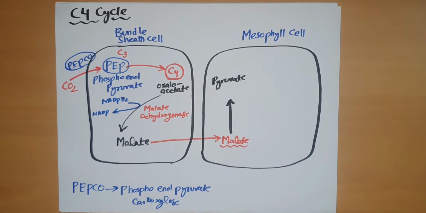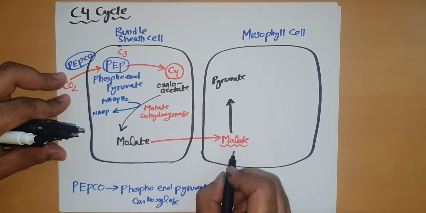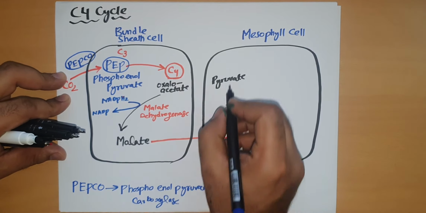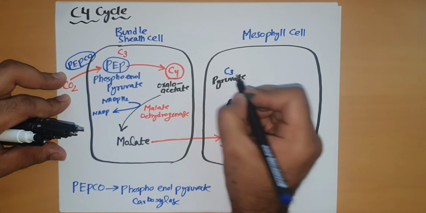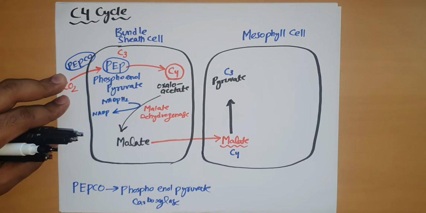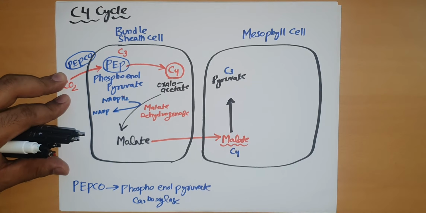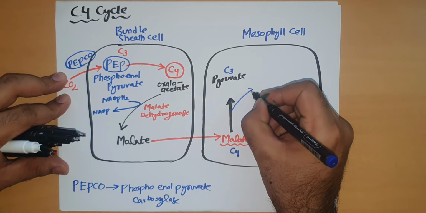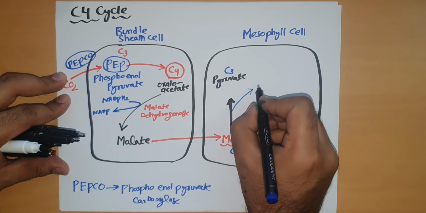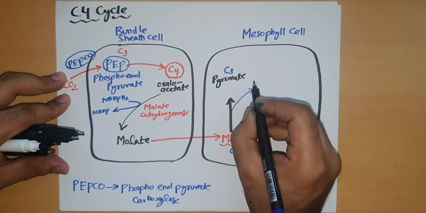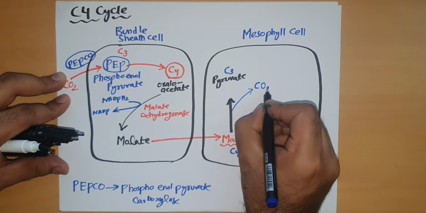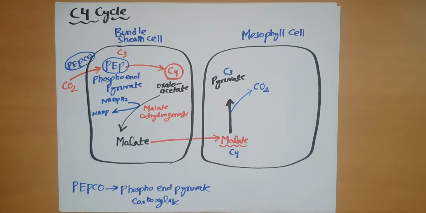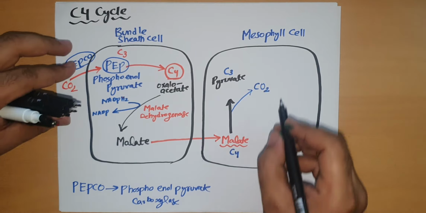Just remember that malate is a 4 carbon compound while pyruvate is a 3 carbon compound. It means that one carbon is decreased and that carbon is released inside the mesophyll cell in the form of carbon dioxide.